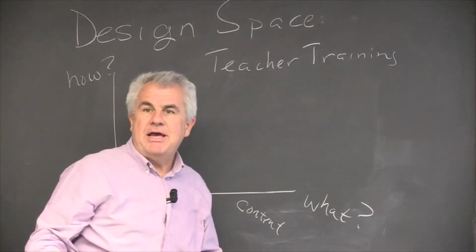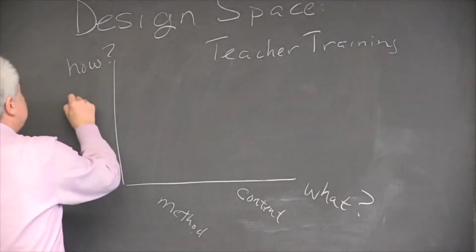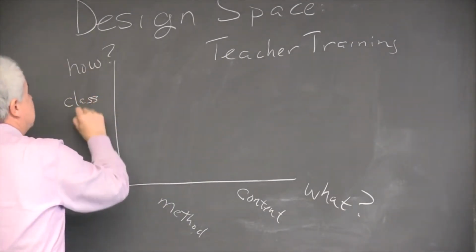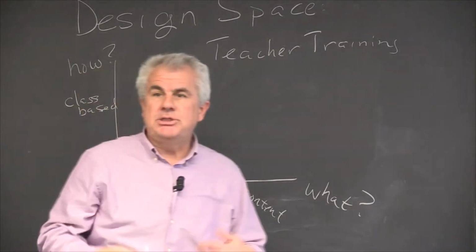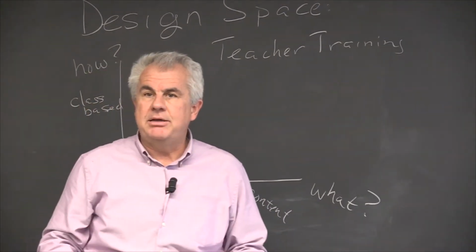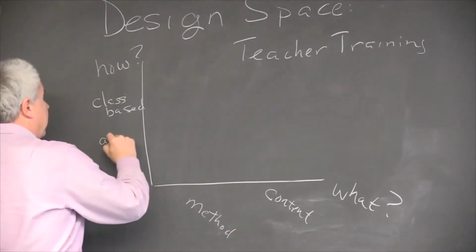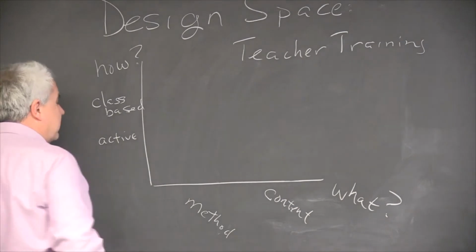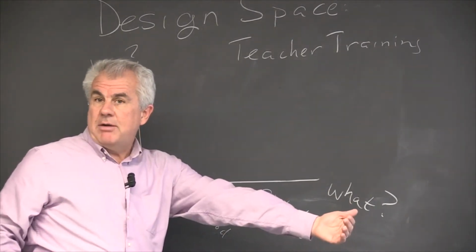How are we going to convey this to teachers? We could have class-based teaching, where we bring the teachers to some location and we teach them in a classroom setting. Or we could have active learning, where the training goes to the teacher's classroom environment.